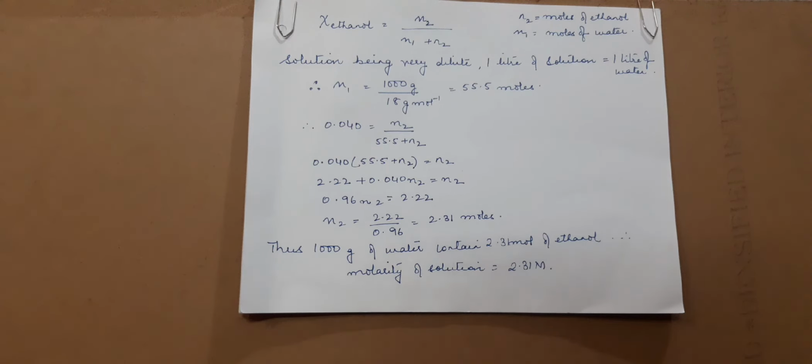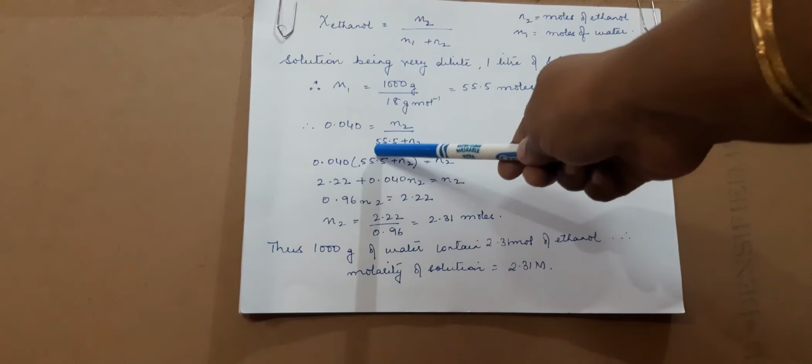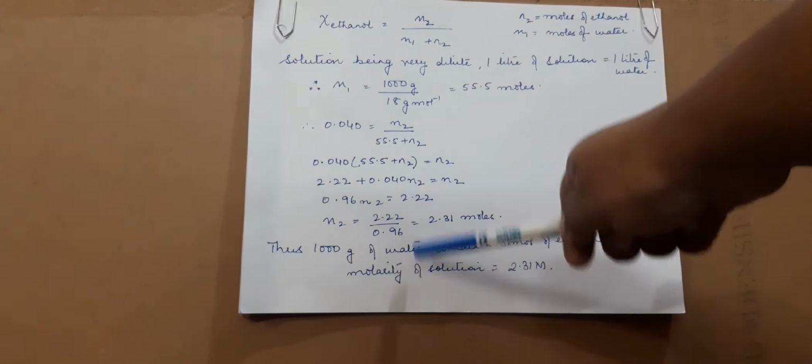N2, in mole fraction, is given to be 0.040. I have to calculate the molarity of ethanol of that particular solution. Okay, now 0.040 is equal to N2 by 55.5 plus N2. So calculating, substituting it, what will we get?